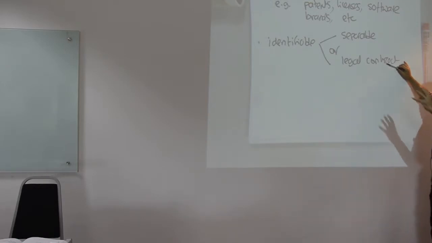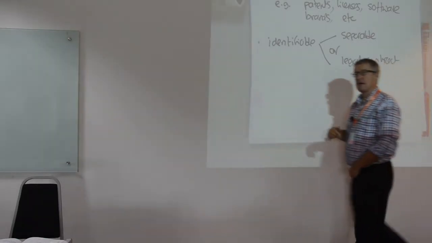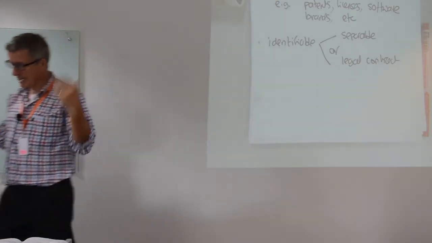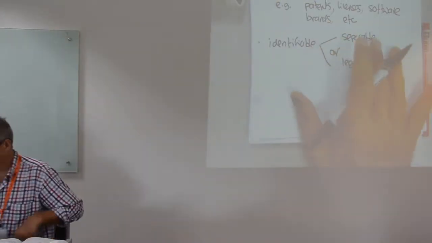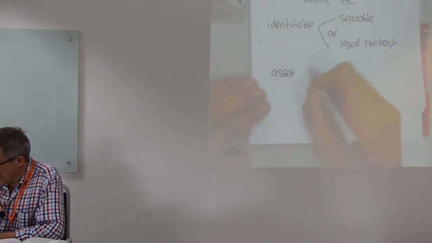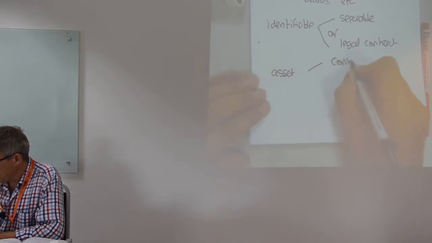So a patent is registered. You've got legal evidence that it is yours and you can protect those rights. So it has to be identifiable. If you can't identify it by contract or by selling it, it's not an intangible asset. Secondly, if it is to be regarded as an asset, you must have control.